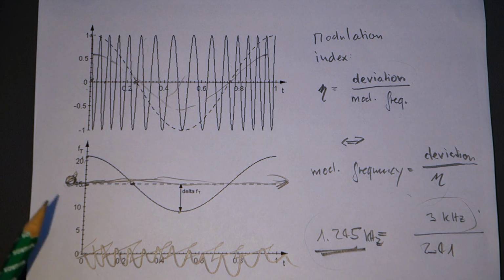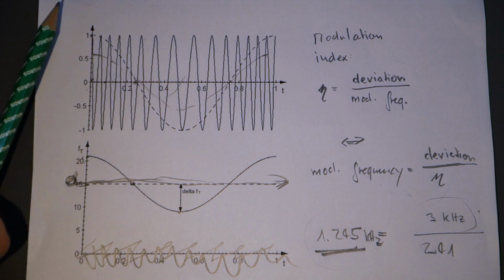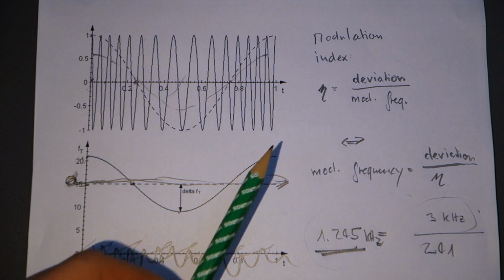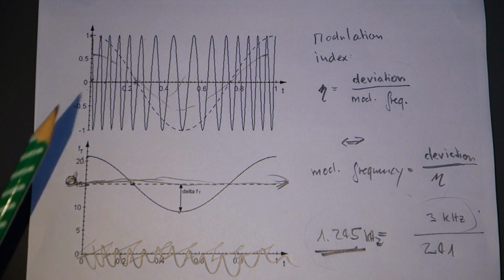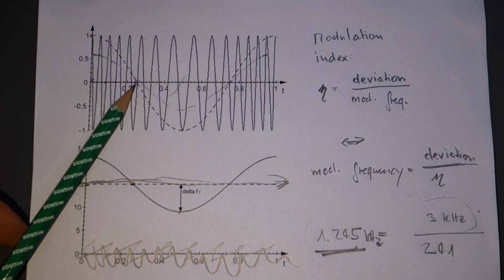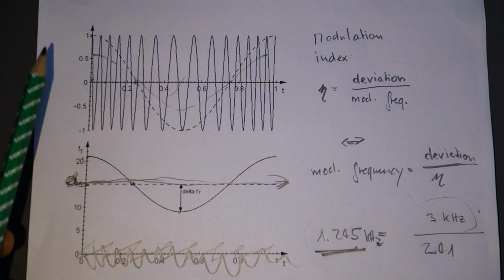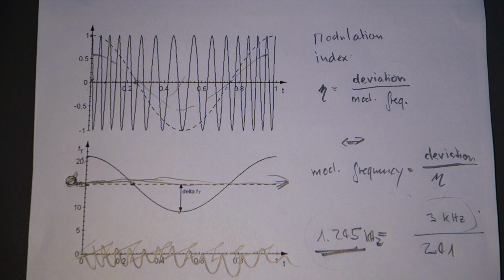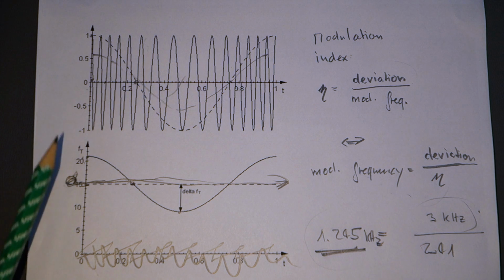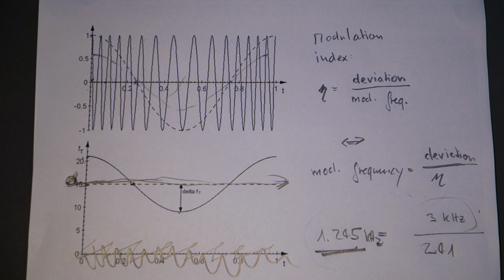Obviously, the shape of that line here and that line here are the same, because that's the whole point of this modulation scheme. We increase the modulation, and by that we also increase the instantaneous frequency of the modulated carrier, which is nothing but increasing the deviation. So the deviation follows the modulation.